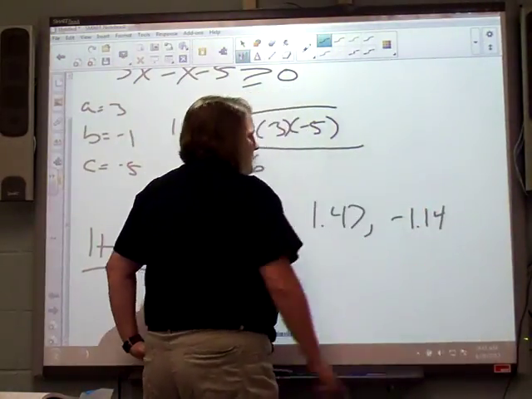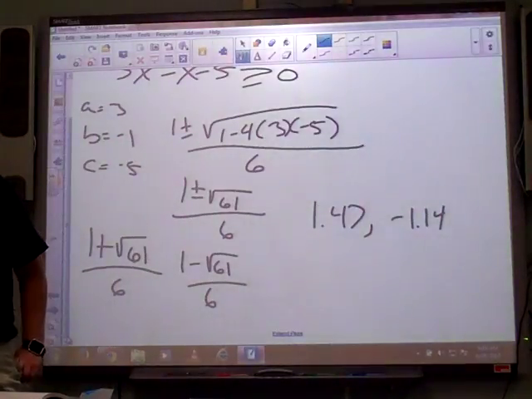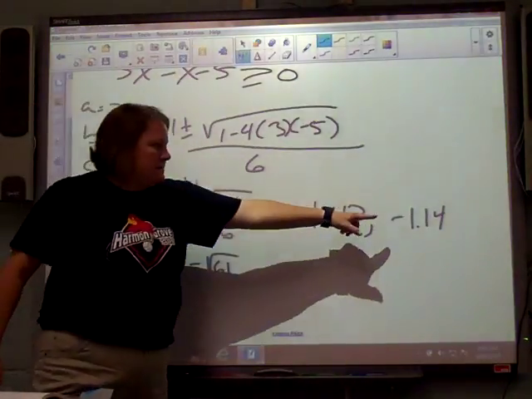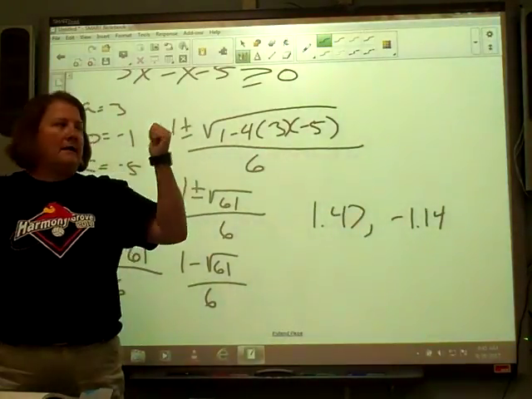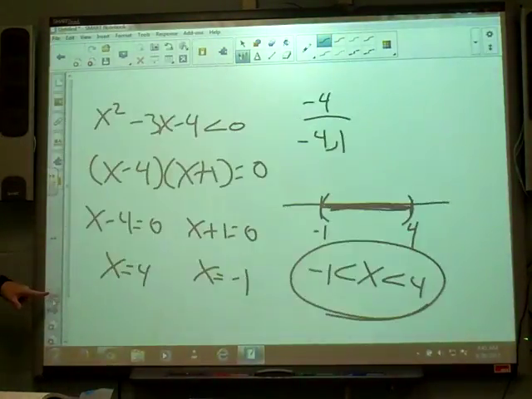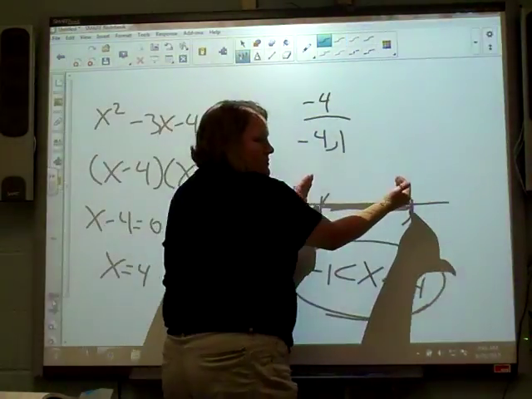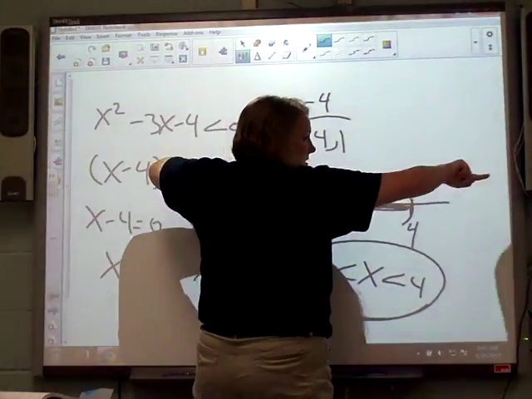Alright, to write our answers, this one is obviously your smaller one. If we look at these on a number line, with the and it was the middle, with the ors it goes outside.